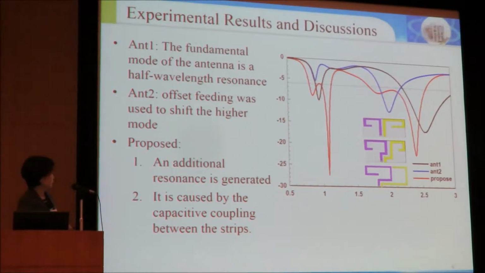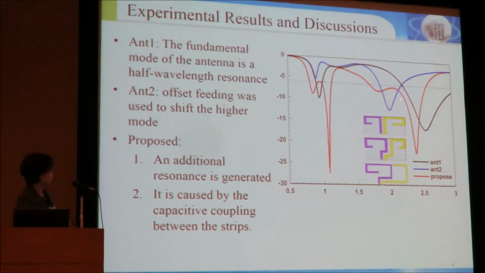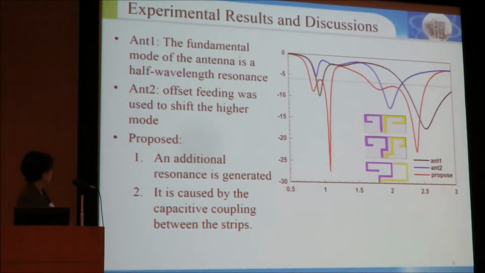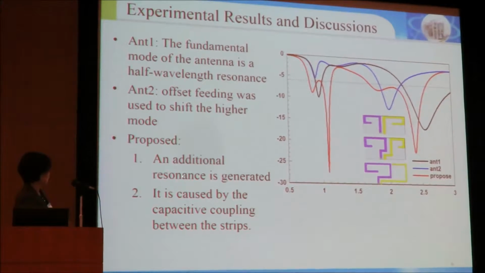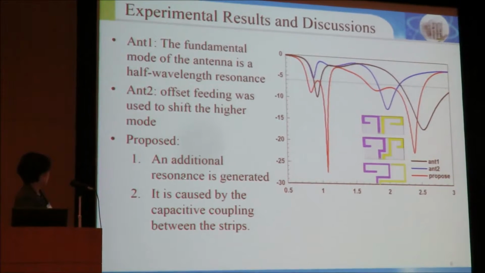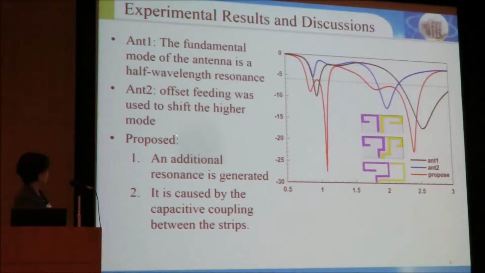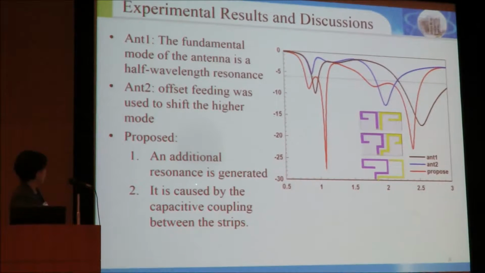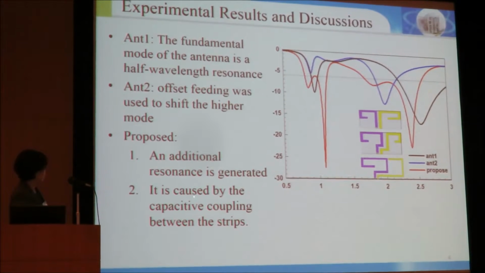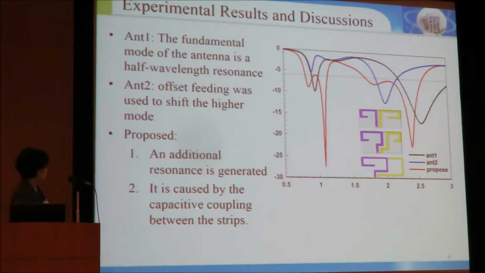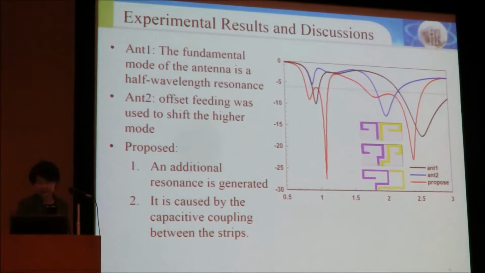Overall, the proposed antenna has 4 resonant modes. An additional resonance is generated in our proposed antenna, and this effect is caused by the capacitive coupling between the strips.